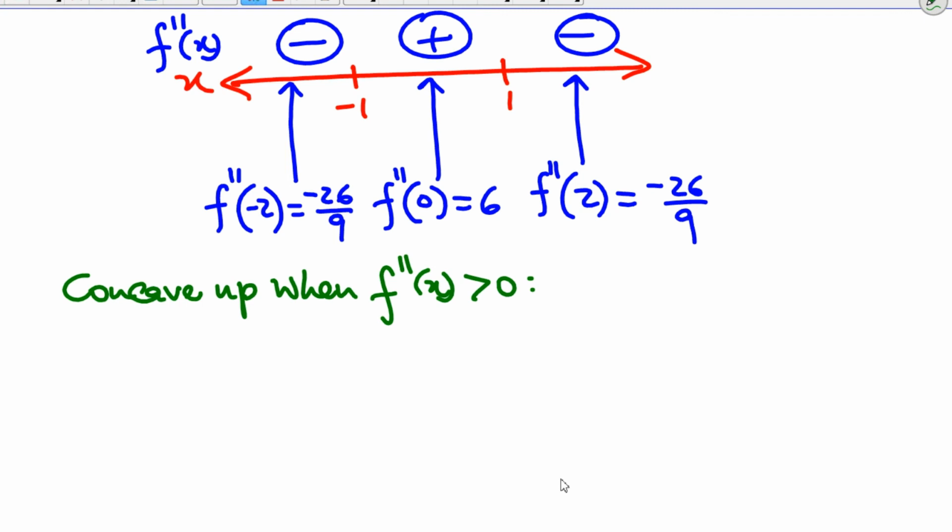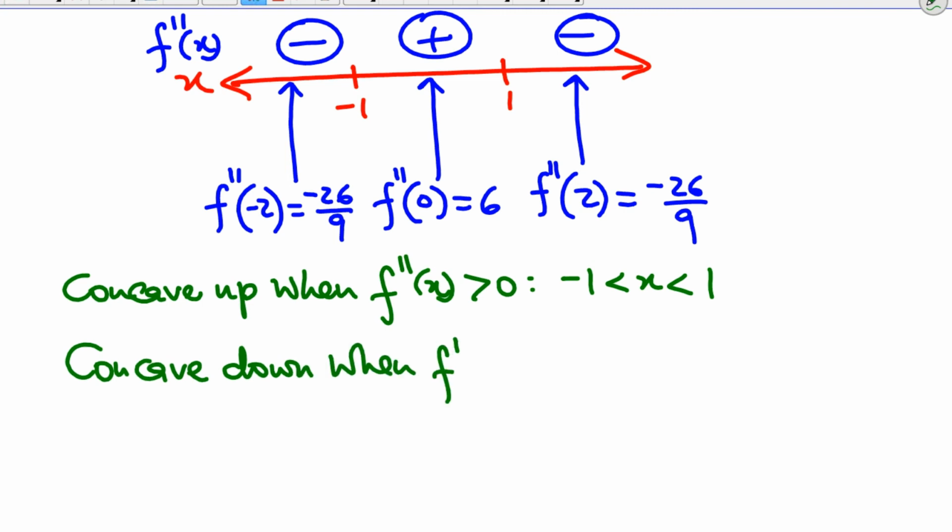When x is between -1 and 1. Concave down when the second derivative is less than 0, and that will be when x is less than -1 and when x is greater than 1. Okay?